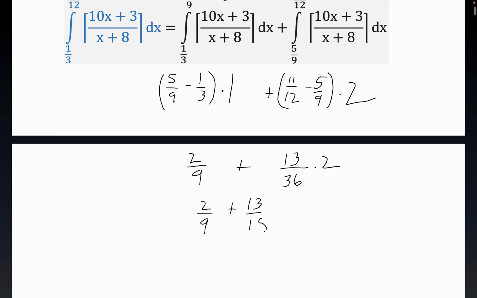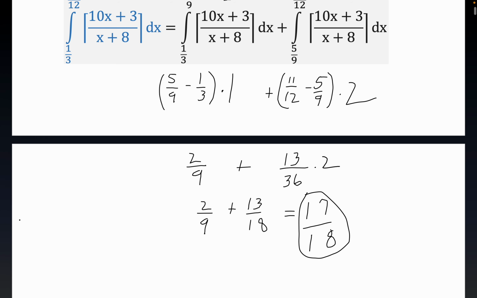Okay. And this would be 4/18, so I'll just write 17/18. 17 over 18. And I don't think I made any mistakes with the arithmetic there. Maybe you guys can verify. But anyway, the main idea of what we're doing is more important than any arithmetic blunder.